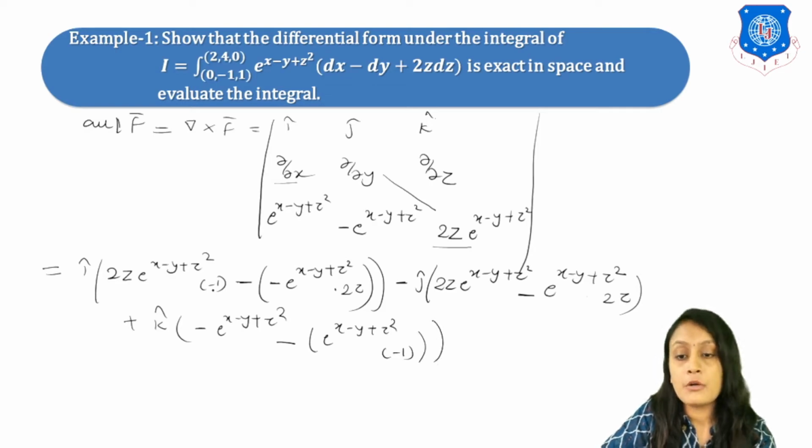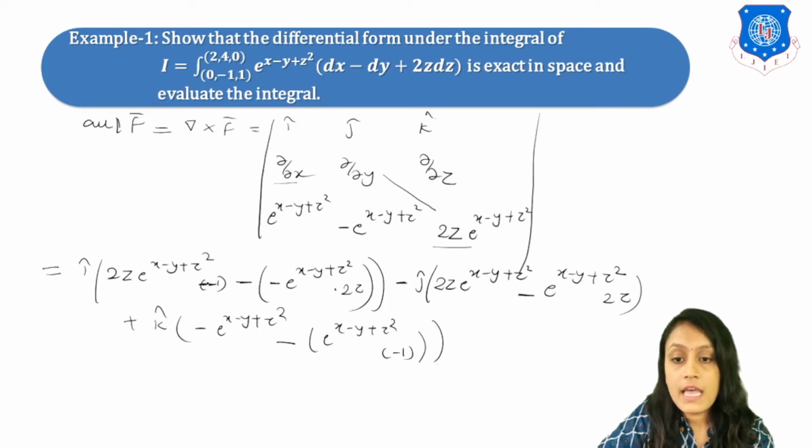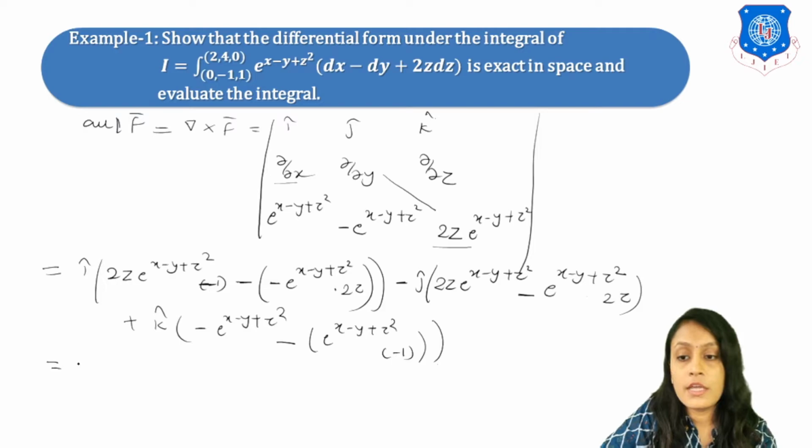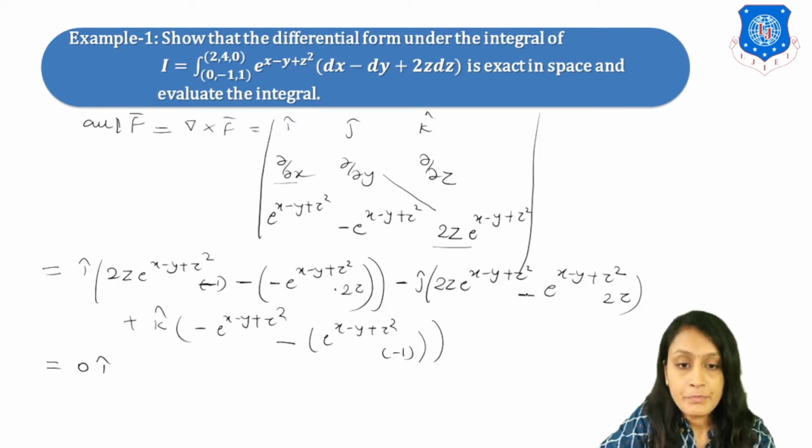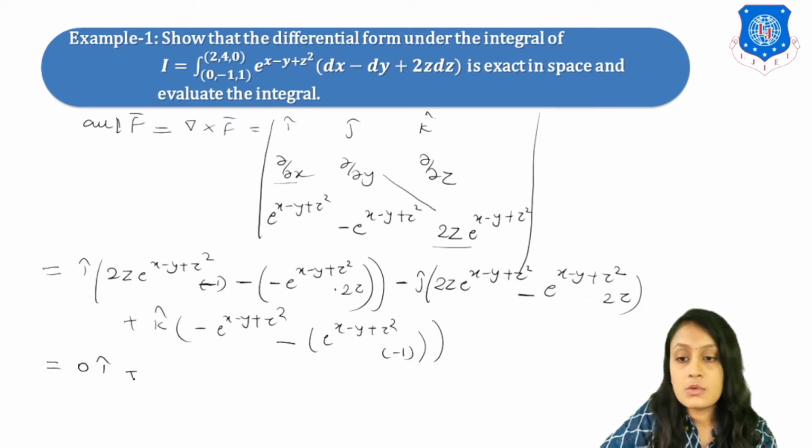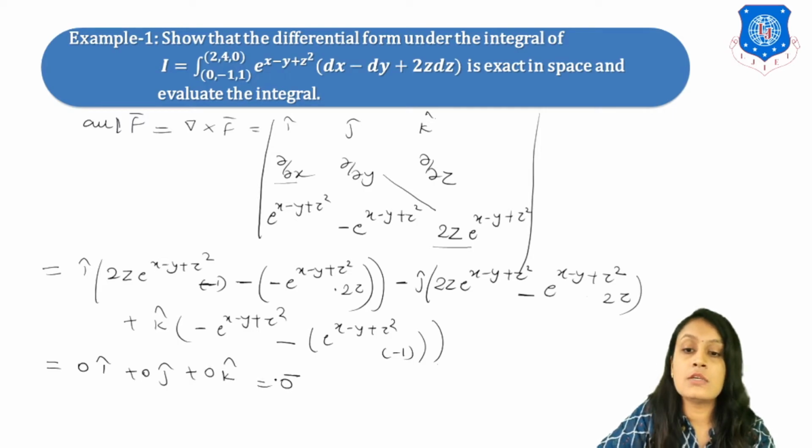Now you can see, just open the bracket. Here we have a negative sign and this will become plus, so these two will get cancelled. So this is 0 i. Now this 2 will get cancelled, so 0 j. Also this minus minus will become plus and this 2 will get cancelled, so we have 0 k. So this is 0 vector.